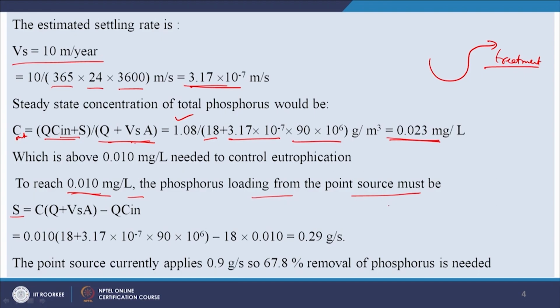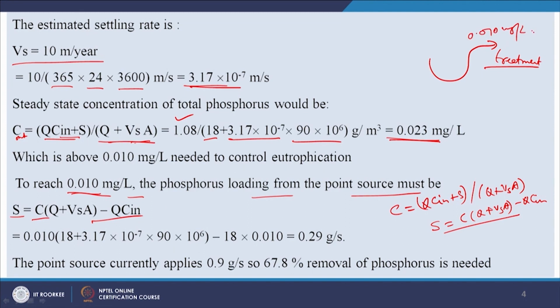C, meaning C out, is equal to (Q C in plus S) divided by (Q plus Vs into A). Rearranging, S is equal to C into (Q plus Vs A) minus Q into C in. So, this is the expression we are getting. Now we will put the C value, which is going out, equal to 0.010 mg per liter as we are assuming.